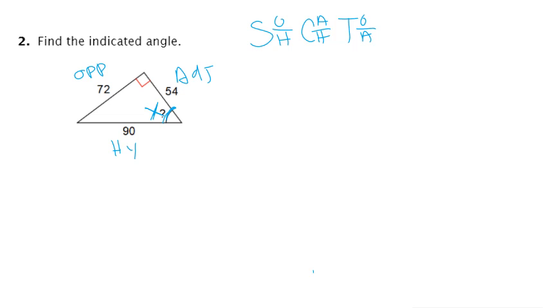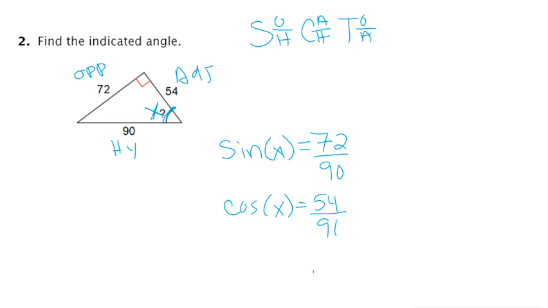When I write this out, I can either say the sine of x is 72 over 90, I could say the cosine of x is 54 over 90, or I could say the tangent of x is 72 over 54. All of these would get me the same exact answer, so I actually don't have to do all three. I only need to do one of them.